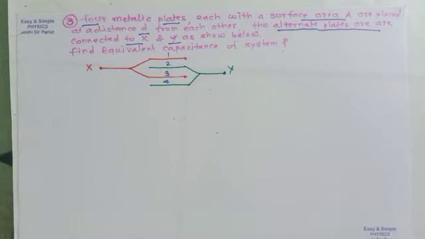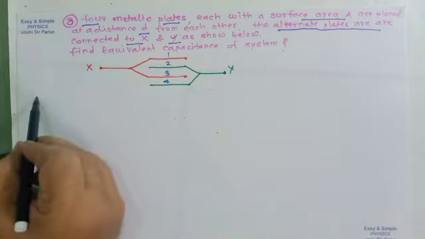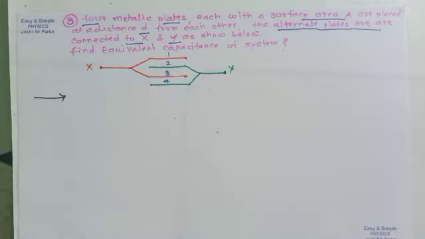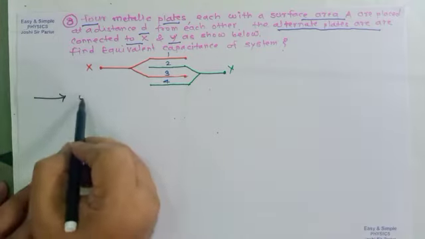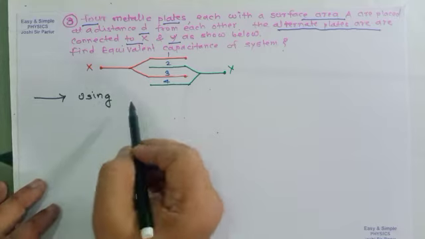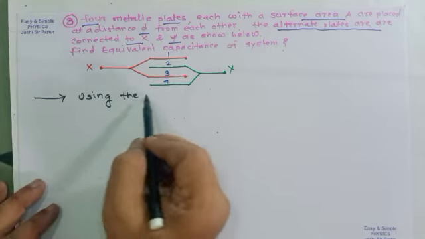Means plate number 1 and plate number 3 connected across X, plate number 2 and plate number 4 connected across Y. Find the equivalent capacitance of the system. So here we can solve such an example using the above arrangement.